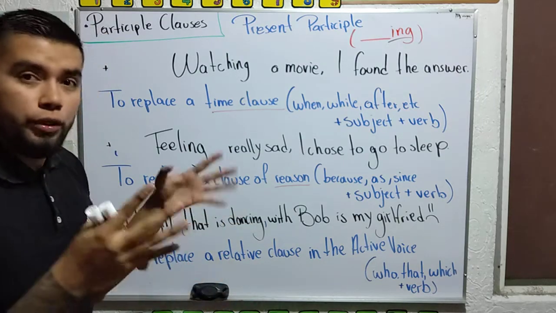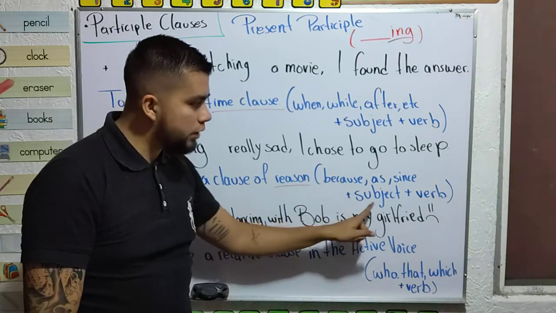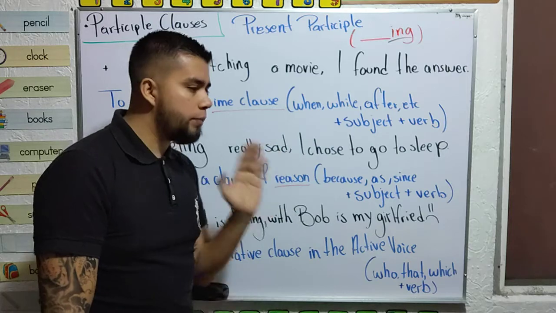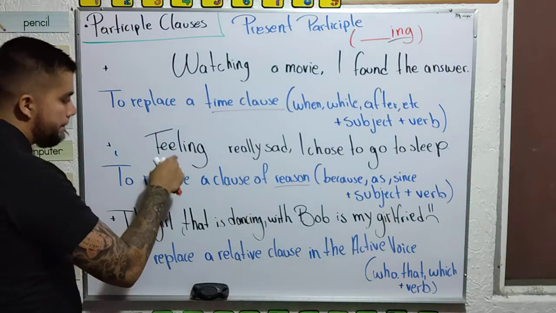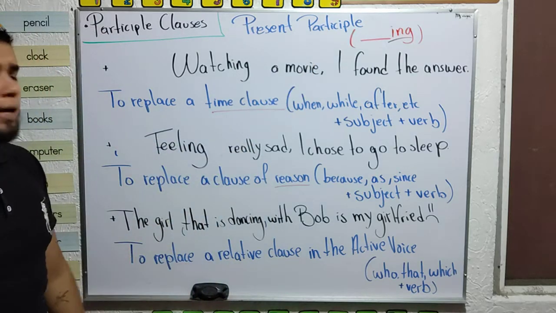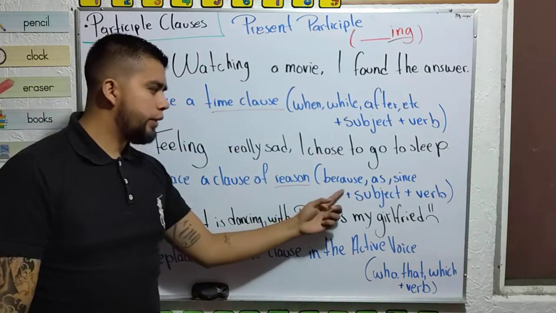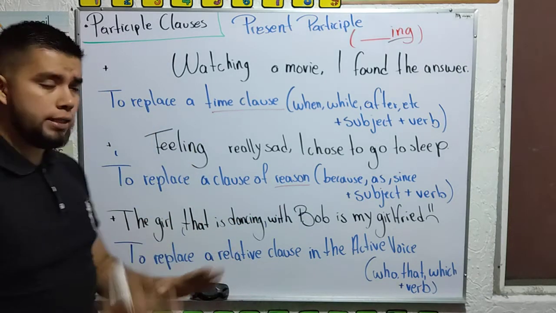As you can see, we reduce the sentence. We eliminate because, subject, and the original conjugation of the verb to use the present participle form. Feeling sad, I chose. So that's when we have a clause of reason, clause of time, etc.